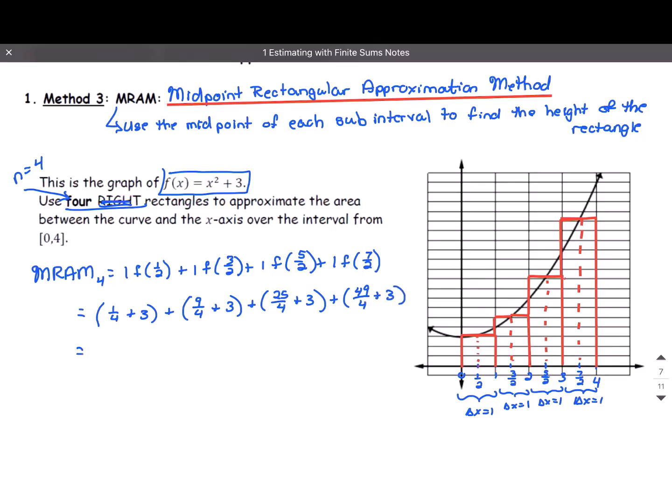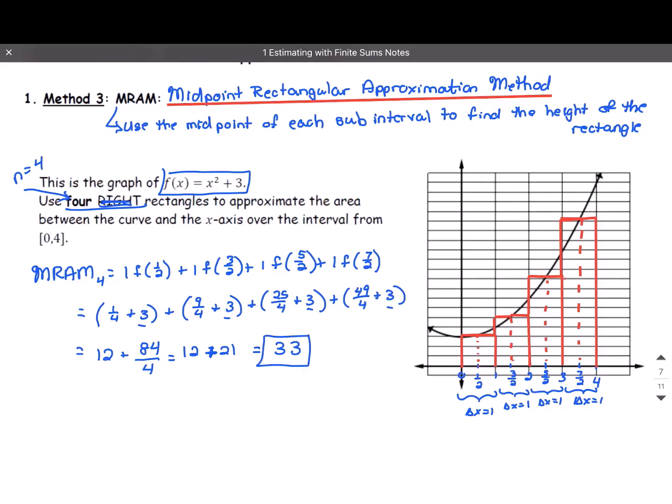Now if I just add up my 3's, 3, 6, 9, 12. That's 12. Okay. Now let's add up here. 1 and 49 is 50, 75, 84 fourths. Now 4 goes into 84 21 times, which means we have a sum of 33.